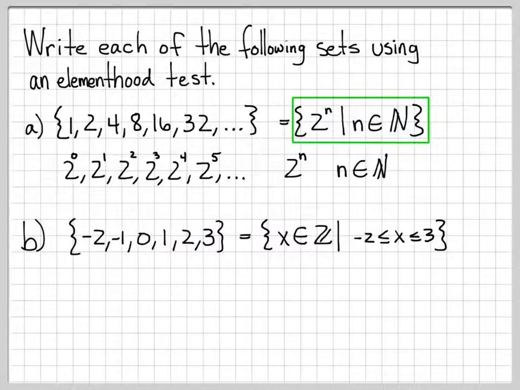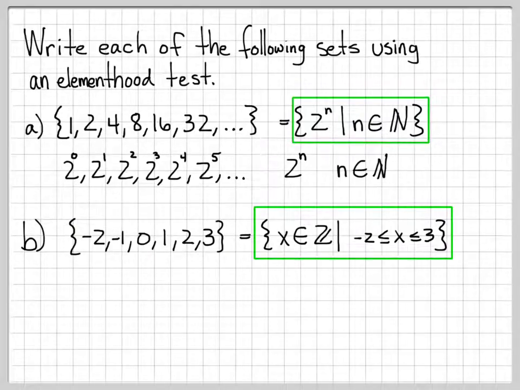So we're going to construct our set by choosing all of our elements from Z, so that's kind of the pattern in this case. But we need to choose them such that we satisfy this Elementhood test. So I am going to make my set consist of all elements of Z, under the condition that they must be greater than or equal to -2 and less than or equal to 3. So this basically takes my set Z and narrows it down to just this set of elements.